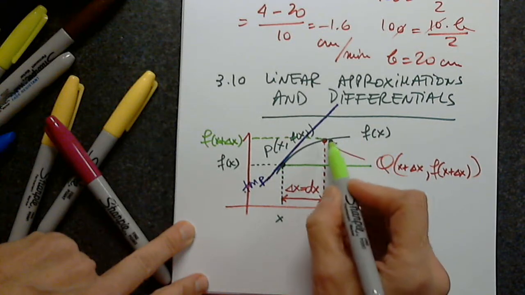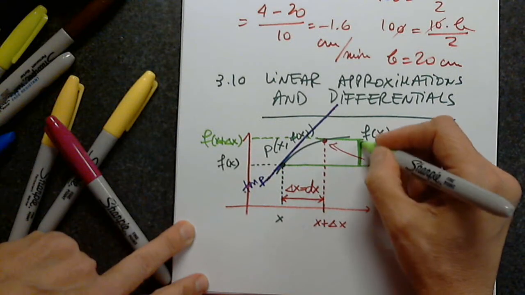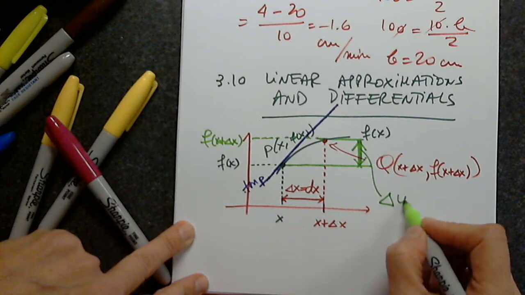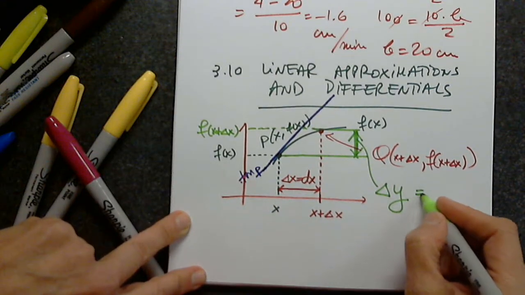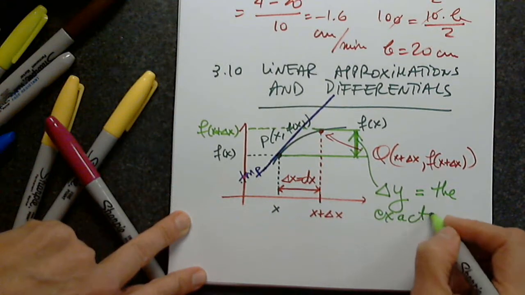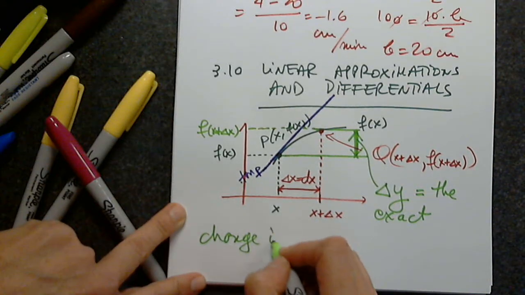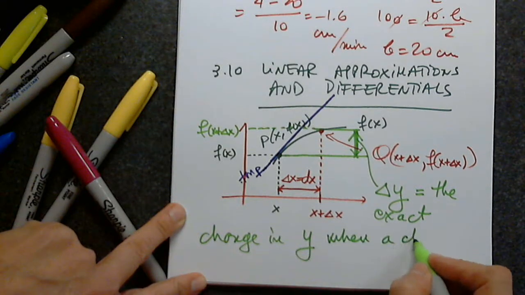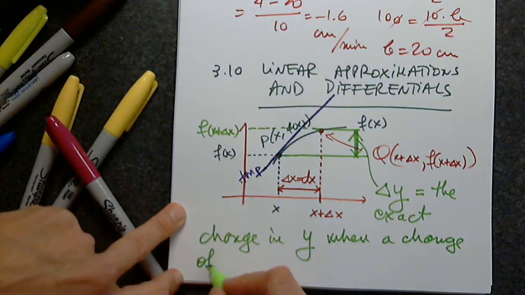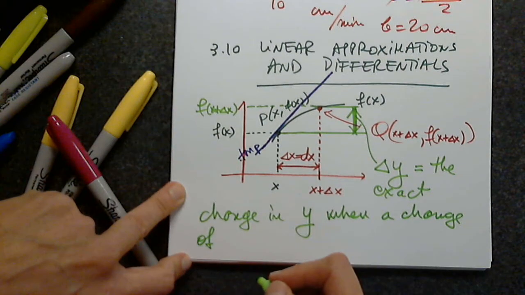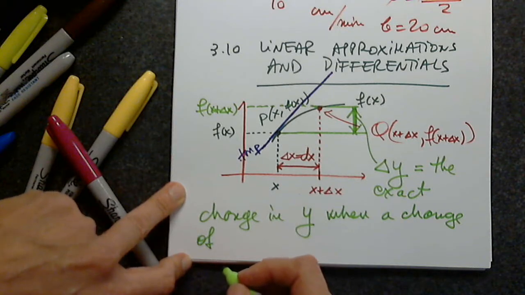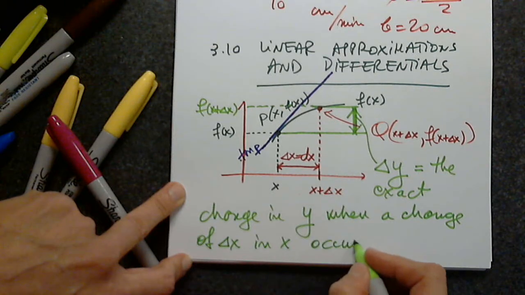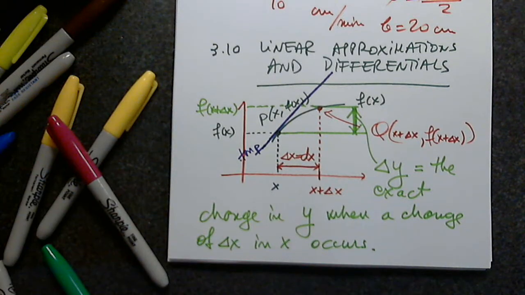Now I want this distance. This distance is called delta y, which is the exact change in y when a change of exactly delta x in x occurs.